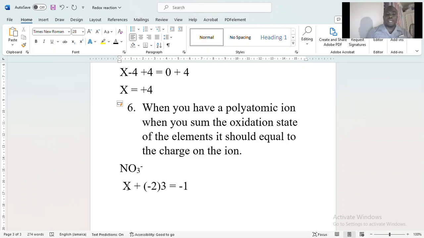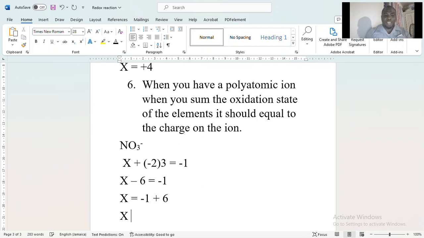And so again, we're working it out. We can jump some steps now. We know that it is going to be -6 equal to -1. So X will be equal to -1 plus 6, right? And so X is equal to plus 5. So in this case, the nitrogen is a plus 5.